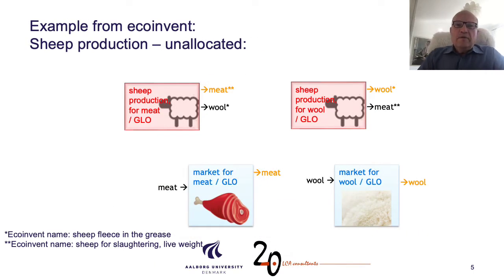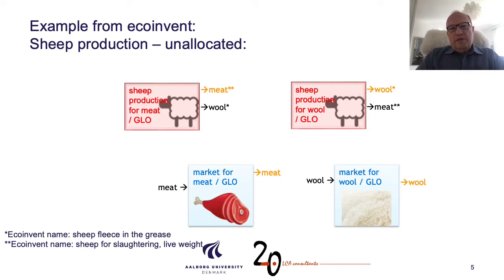An example of this kind of substitution from ecoinvent. We have here the sheep production in this unallocated form. We have two different kinds of sheep, those that produce mainly meat and those that produce mainly wool. Of course, the sheep that produces meat also have some output of wool.